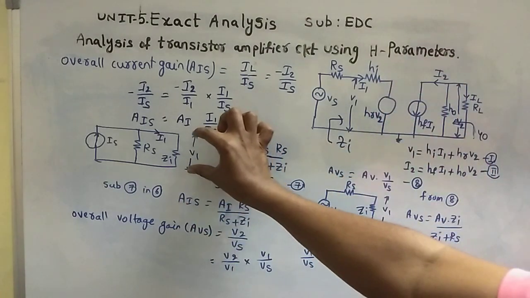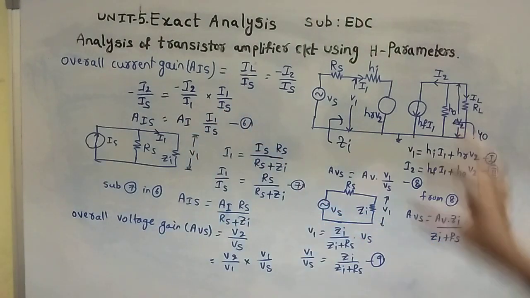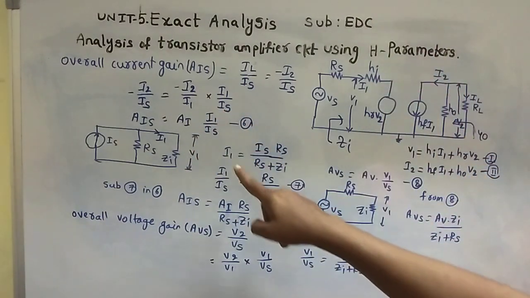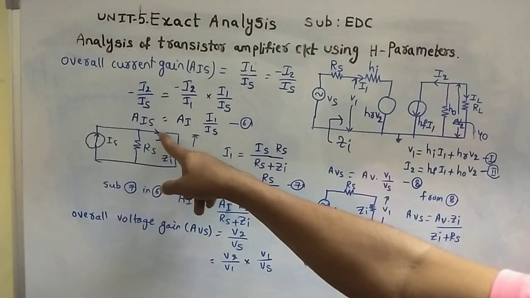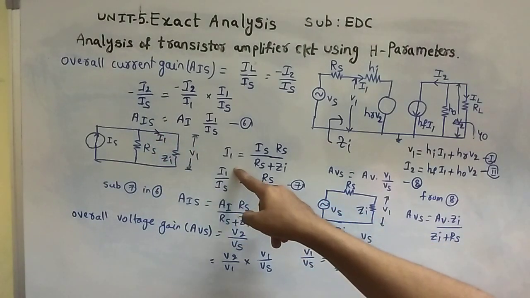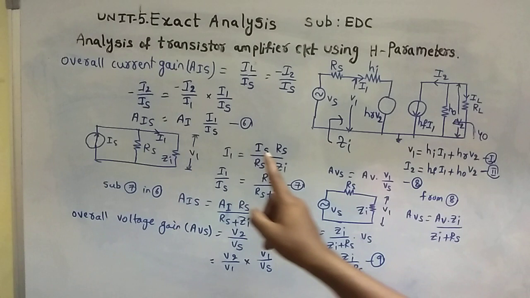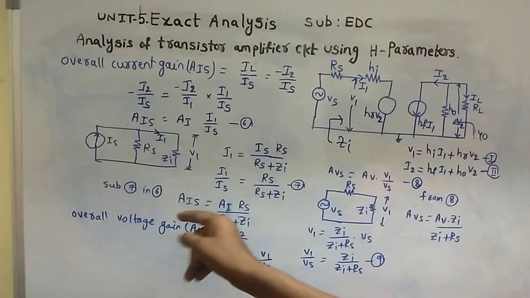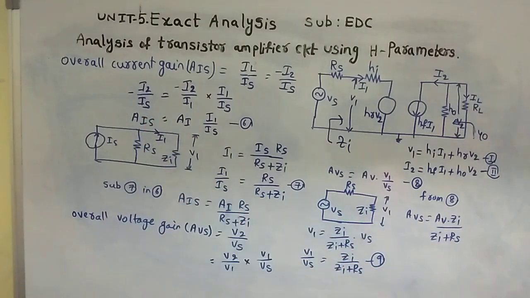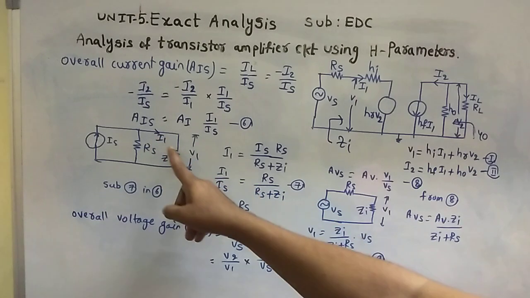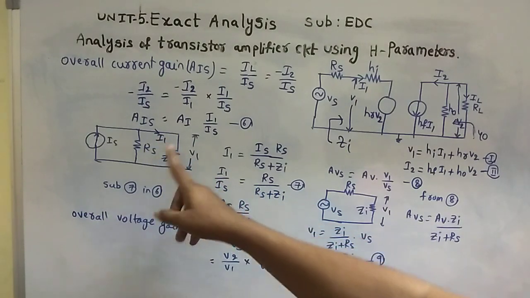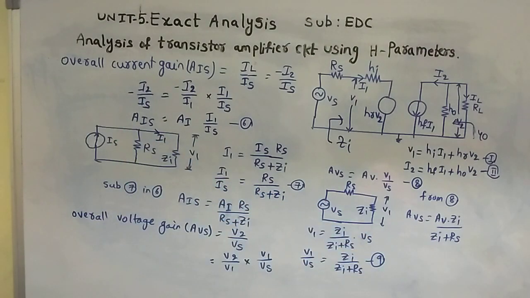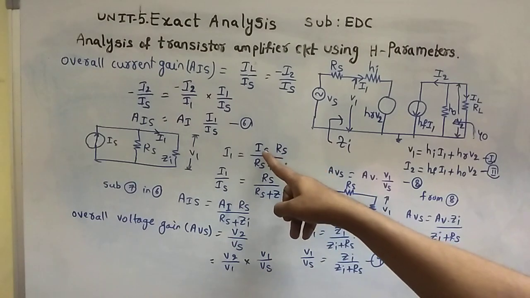Then the voltage across Zi is V1. From this I am going to find I1 is equal to Rs by Rs plus Zi, opposite resistance by total resistance, into the current source, the current division rule. So I1 is equal to Rs by Rs plus Zi into the applied current source Is.